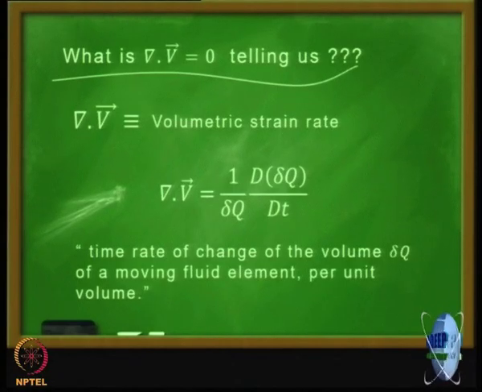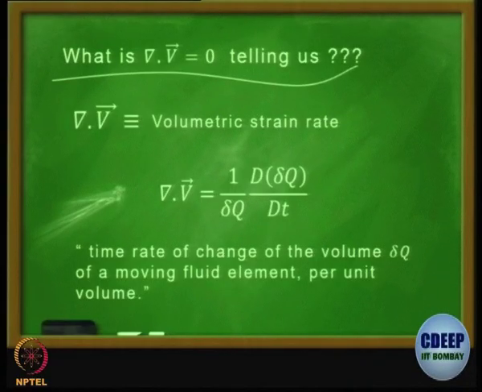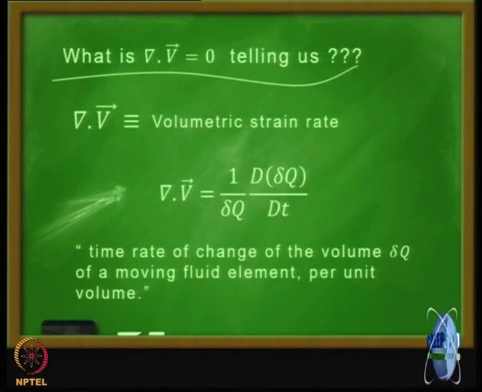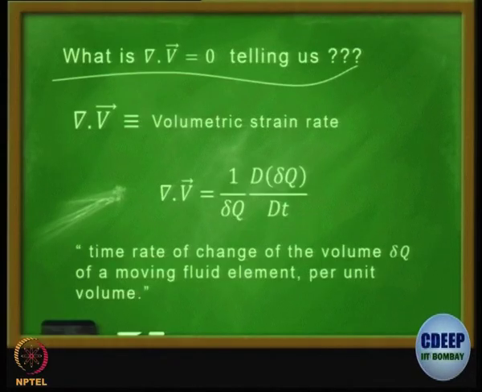So if you take a small fluid element and focus your attention on that element, now as that element moves in the fluid, if its total volume remains the same, though the element may transform, then the flow is incompressible.